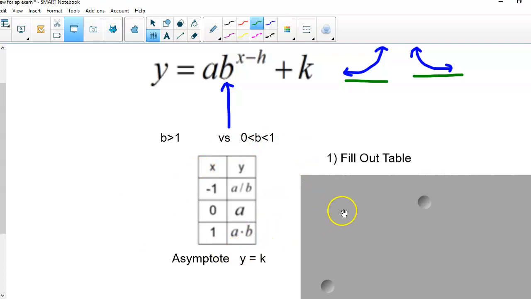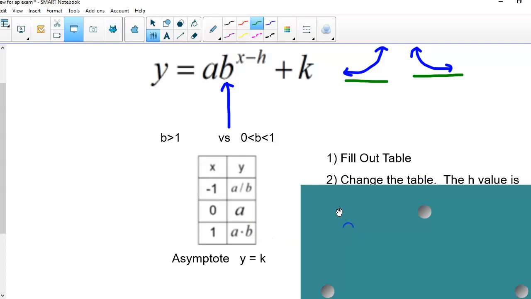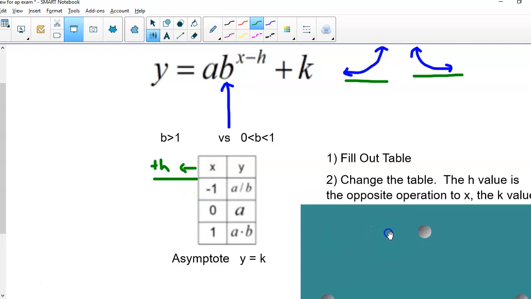The next thing that we want to do is change the table and look at these h values and k values. If you have something in the exponent, like an x plus something or an x minus something, that's the h value. You take that h value and do the opposite operation to the x.